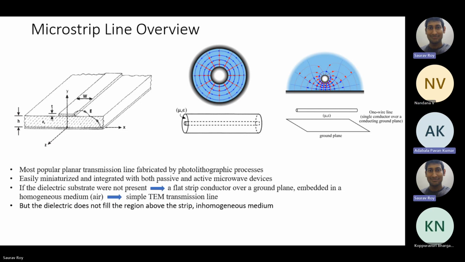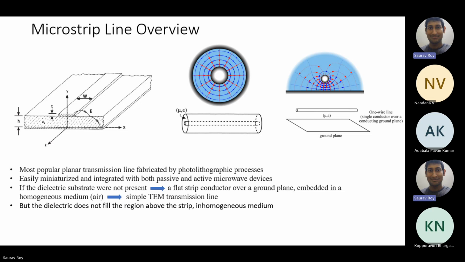So why are we so much interested in the third picture? Because if you see our microstrip line, it is kind of like that only, the third picture. Because here we have a conductor over the ground plane, and in between we are considering there's air. But if you don't have air, let's say you have some other substrate, then will it not be equivalent to a microstrip line? It will be like that.